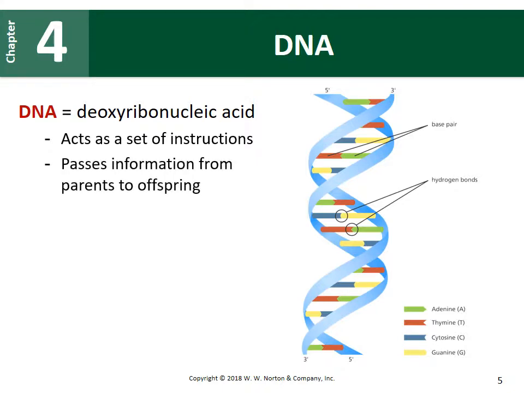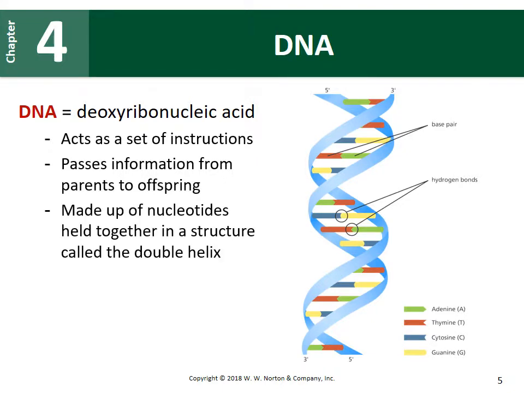Those sets of instructions encoded for in the DNA are also passed down from parent to offspring. So DNA is very important for giving you all of your traits and characteristics. It's also very important because it passes down to offspring, and it does that in order to sustain life from one generation to the next.